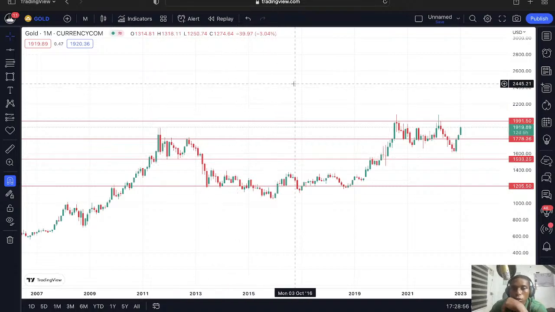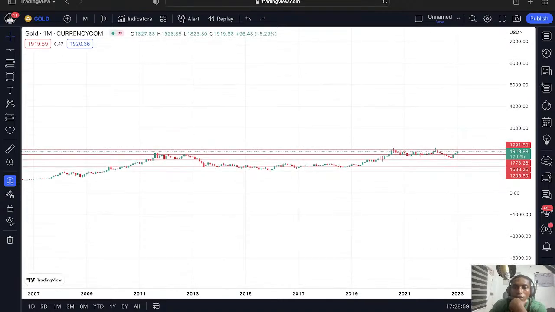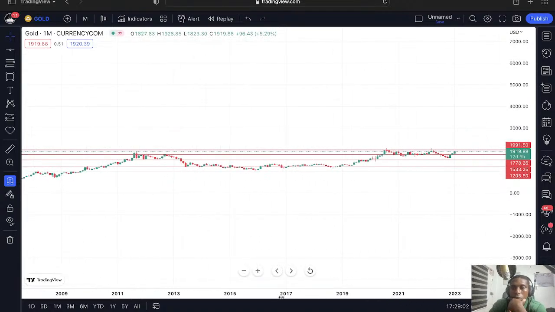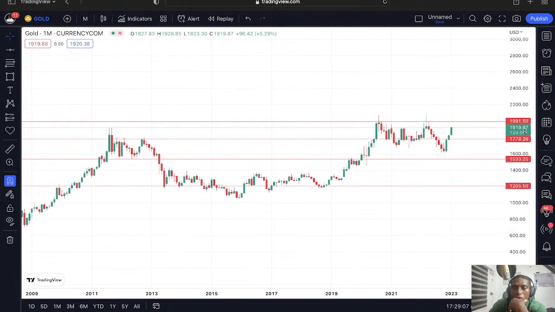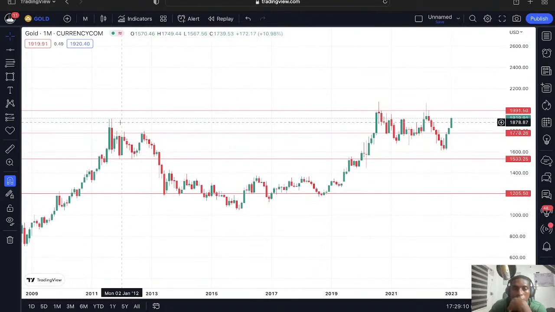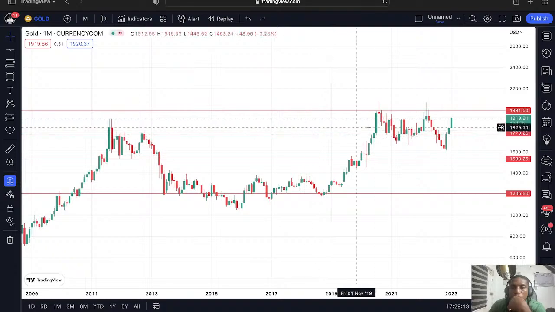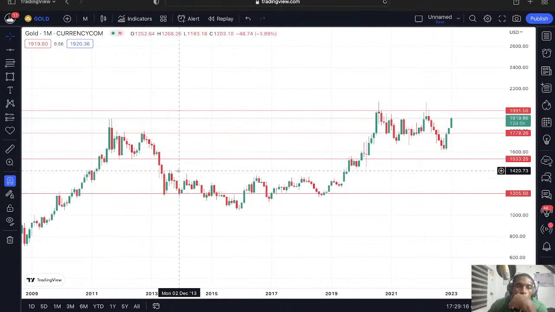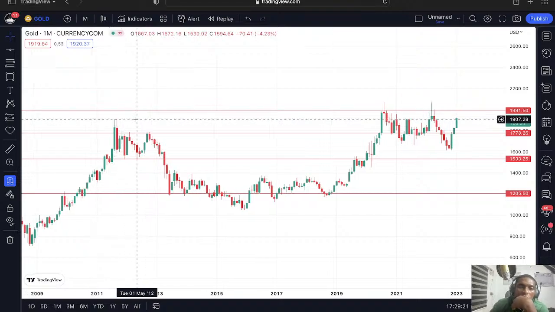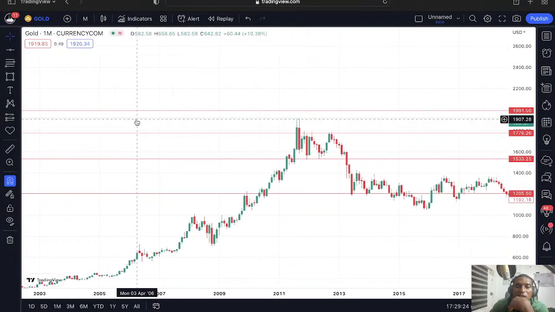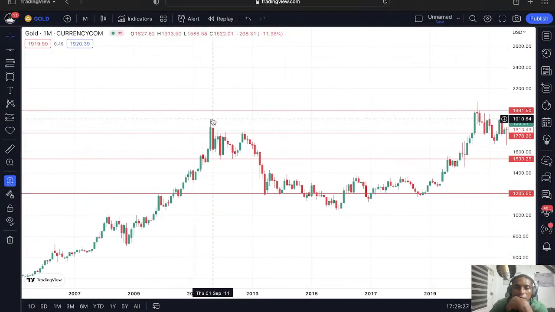So here we have gold, and from what we can see, gold has been moving within the support and resistance levels. We can see that for the first time in 2011, gold printed at the 1910 price level.